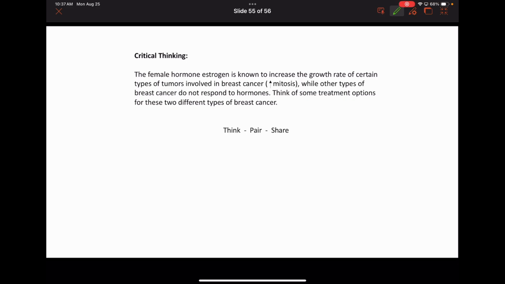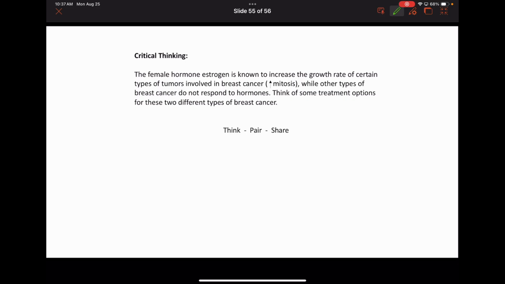Some people may say, well, if it's a hormone issue and it's responding to levels of hormone, why don't you just do a hysterectomy and take everything out so that you're not producing the hormone anymore? That is an option. Although people are experiencing breast cancer at younger and younger ages now, so you want to take that patient's wants, desires for the future into consideration as well.